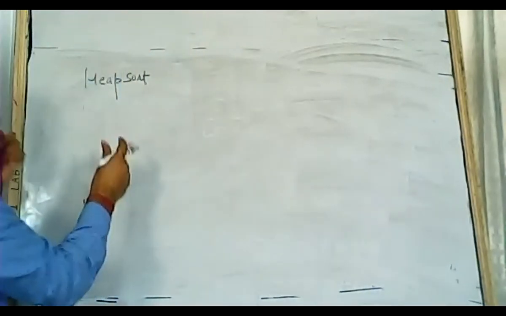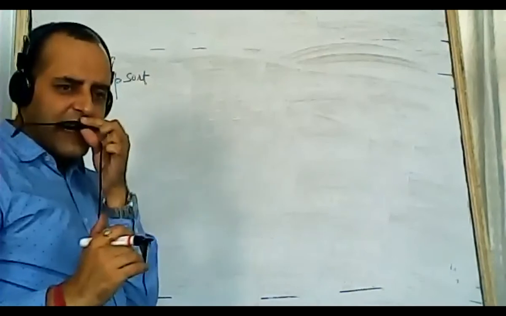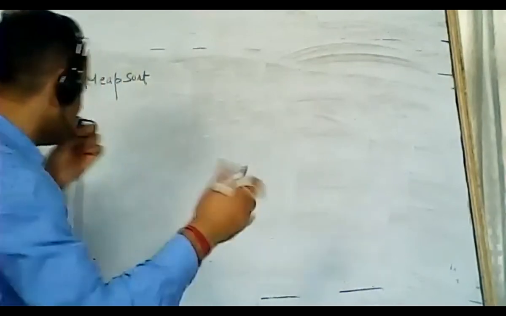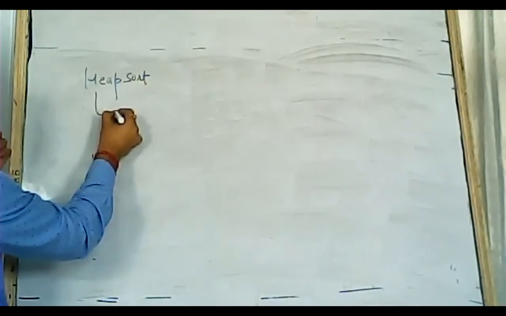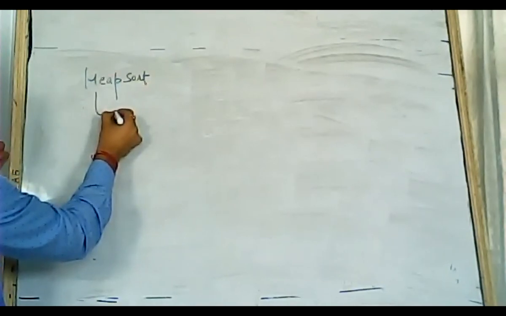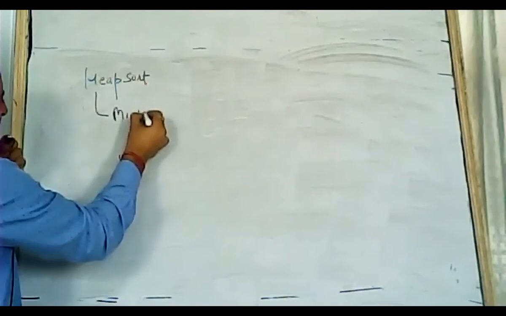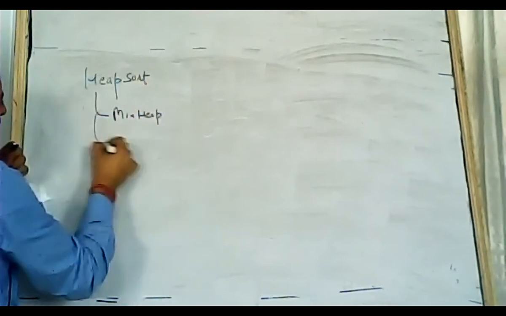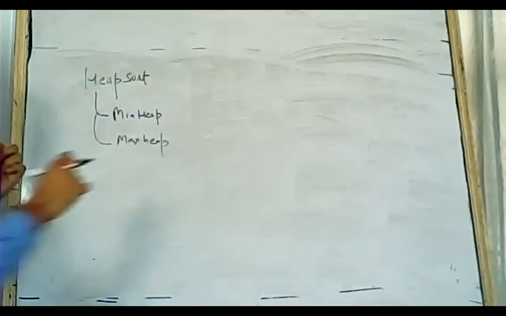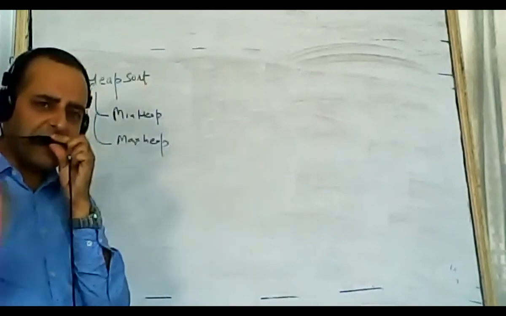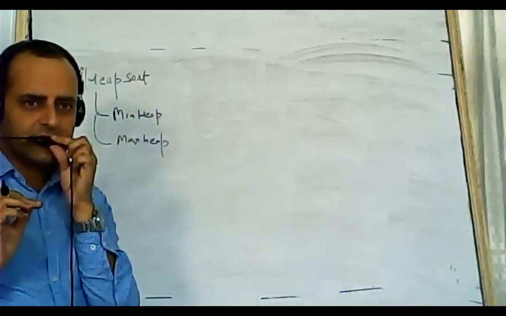Heap sort. Heap is basically an arrangement of elements in hierarchical order. But we want to do heap sort using a min heap or a max heap. So before going for heap sort, you must know whether you want to go for min heap or max heap.